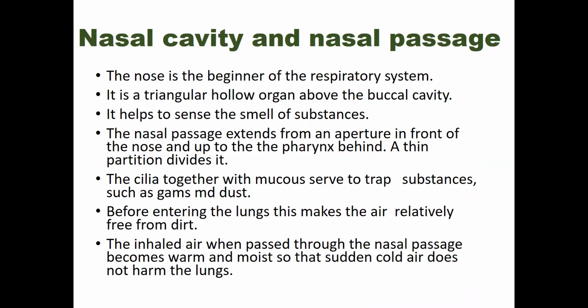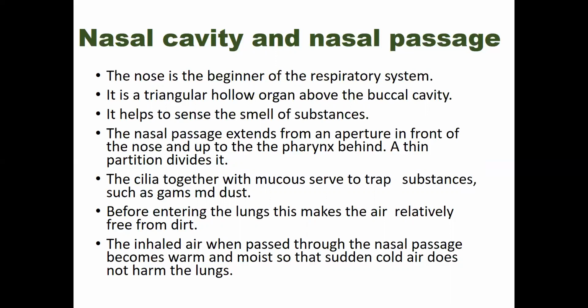It helps us to sense the smell of substances. A specific type of nerve in the nose stimulates the organ to give us the sense of smell. And its structure is such that it makes the inhaled air suitable to be received by the lungs.